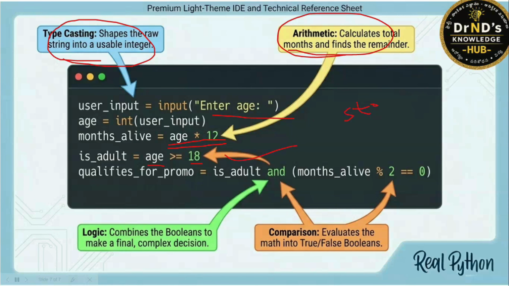Finally, Python combines multiple conditions using the AND operator. The person qualifies only if they are an adult and the number of months is even.